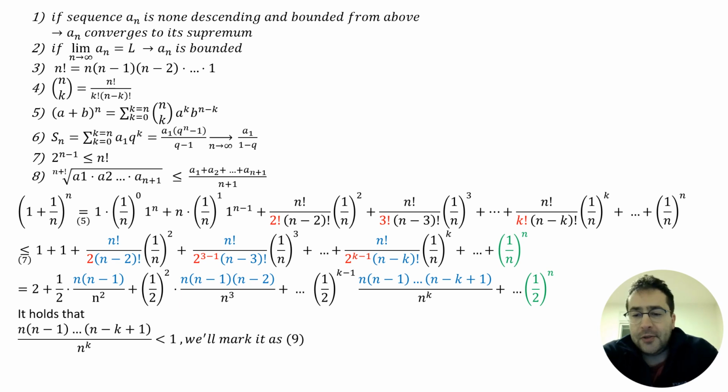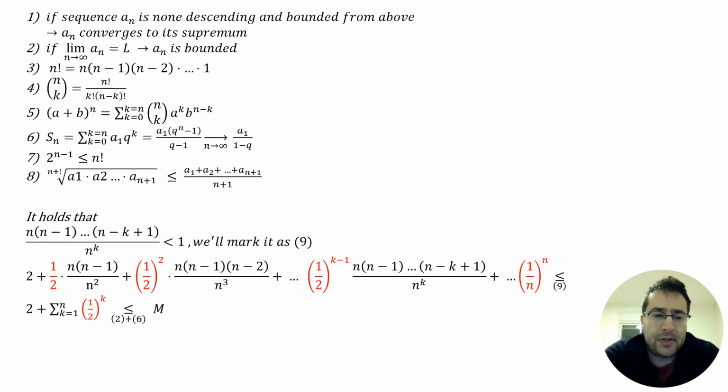So we can continue to enlarge the expression. And so we end up here with the geometric sum, which we know converges, and therefore it is bounded, and the whole expression is bounded. And here we finished showing that (1 + 1/n)^n is bounded.